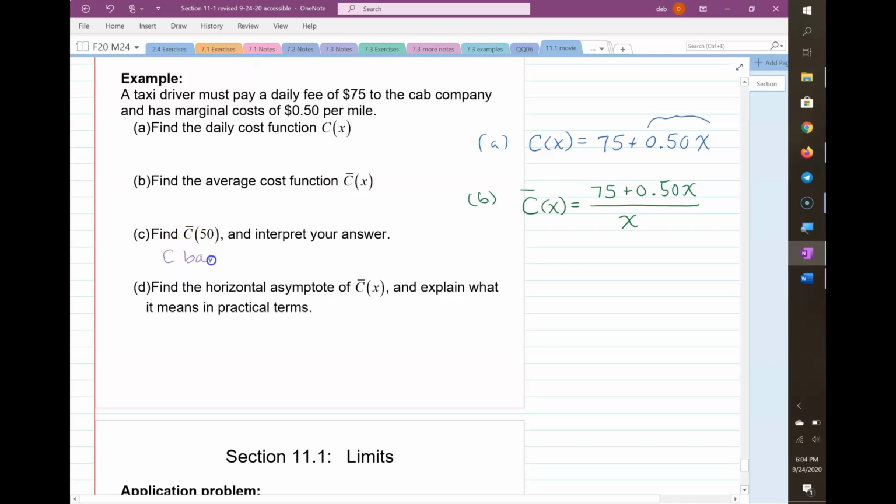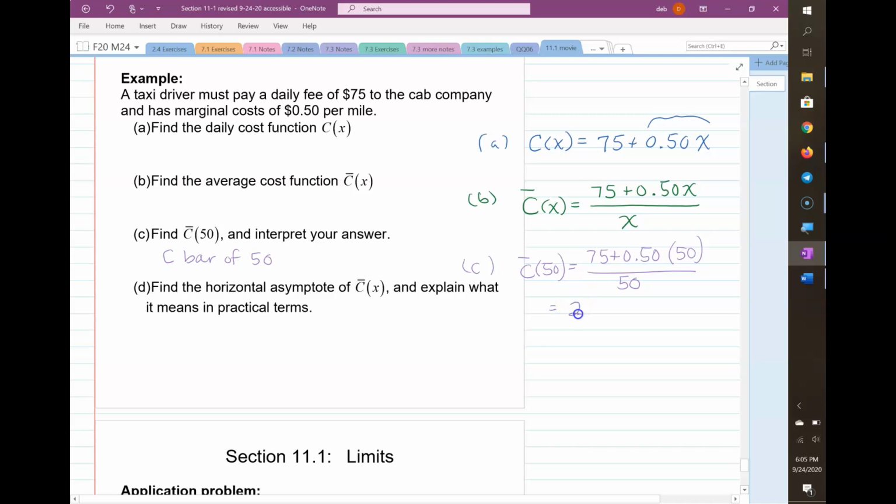You would read this as C bar of 50. It means evaluate that average cost function when x is 50. So everywhere I see an x, I'm going to put a 50, and then go ahead and compute that out.